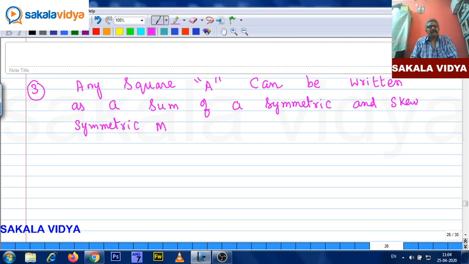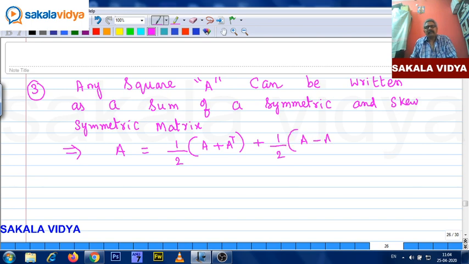So that means we can write A is equal to half multiplied by A plus A transpose, plus half multiplied by A minus A transpose.